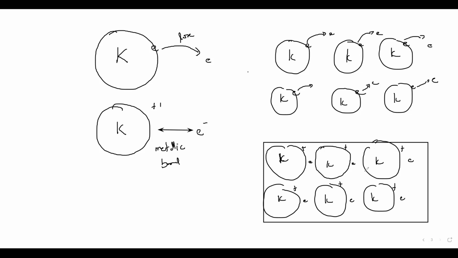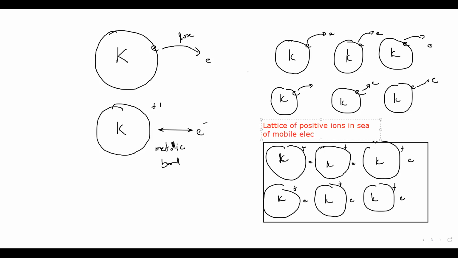So when all of the potassium loses electron, what do we call this structure in which we have an arrangement of positive ions? We say that metals have a lattice, lattice means regular arrangement. So you have a lattice of positive ions in a sea of mobile electrons, because the electrons are moving.